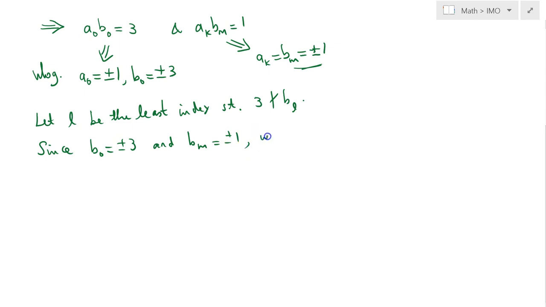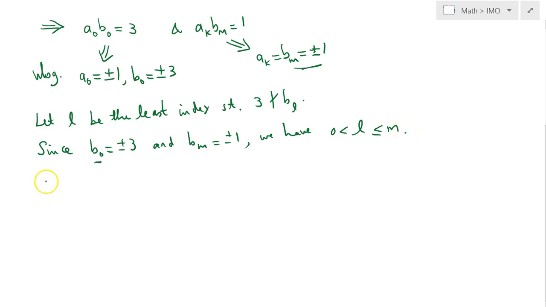From there, we have that L will be greater than 0. Because b sub 0 is already plus or minus 3, L cannot be 0, but it can be 1 actually. So L is definitely greater than 0, and b sub m is 1, so not divisible, so it can be as high as m, somewhere in that range.